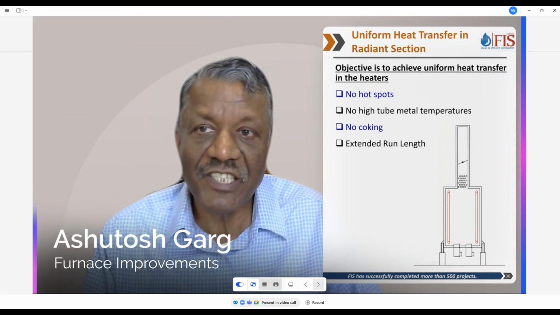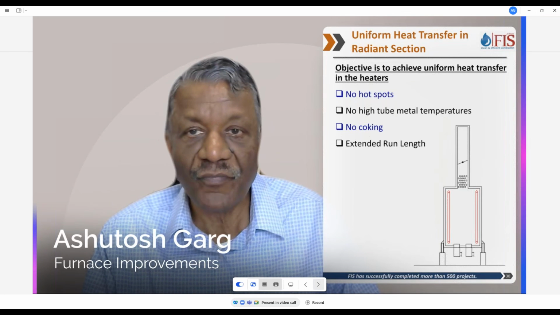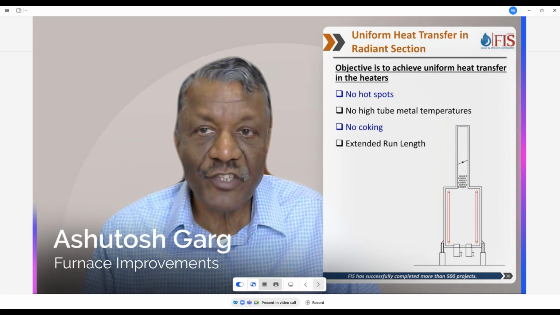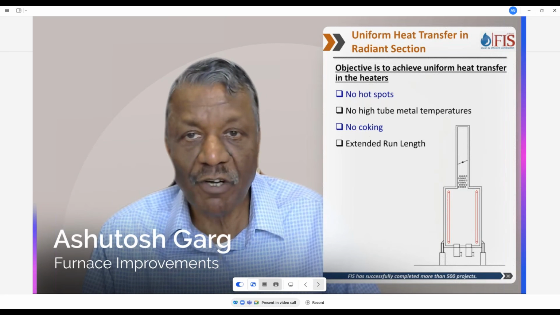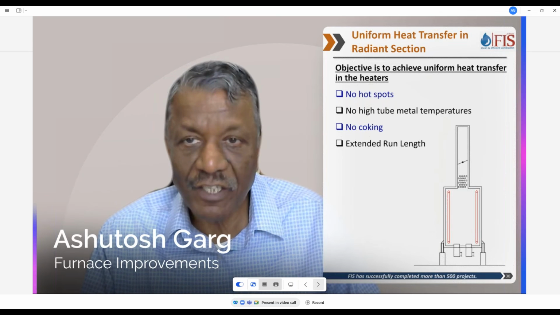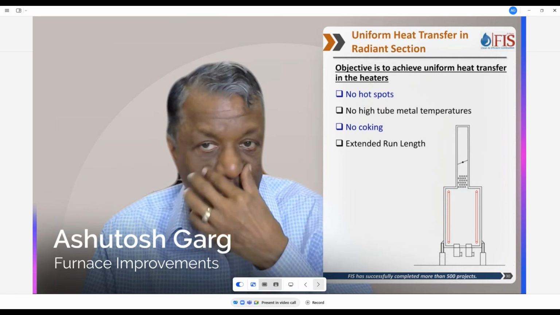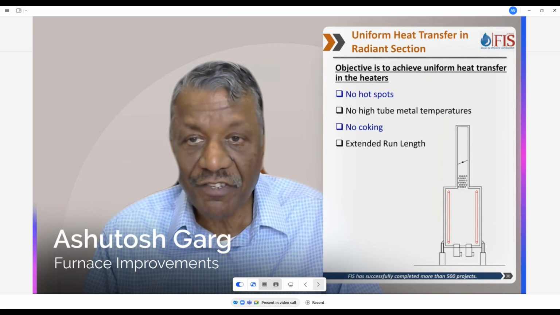We keep on chasing endlessly in most heaters, but never achieve it. If we can have uniform heat transfer in radiant section, we can eliminate hot spots, we can eliminate high tube metal temperatures, we can eliminate coking or reduce coking. It will lead to extended run length of fired heaters.